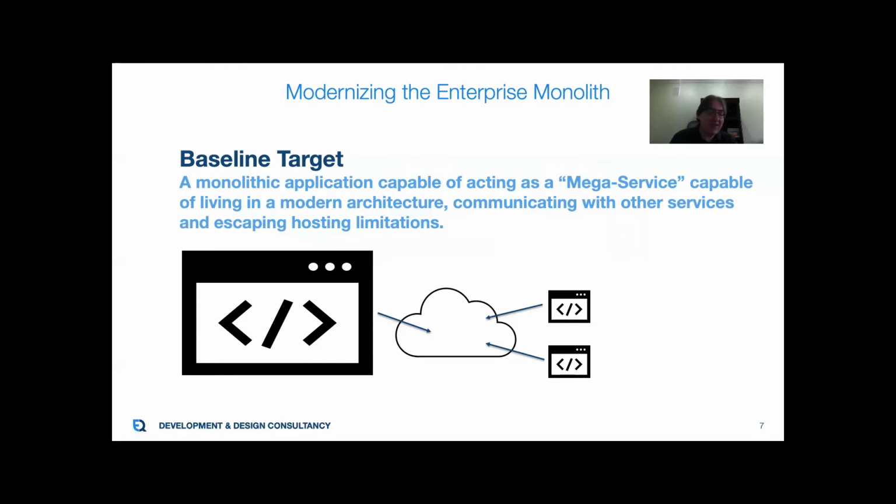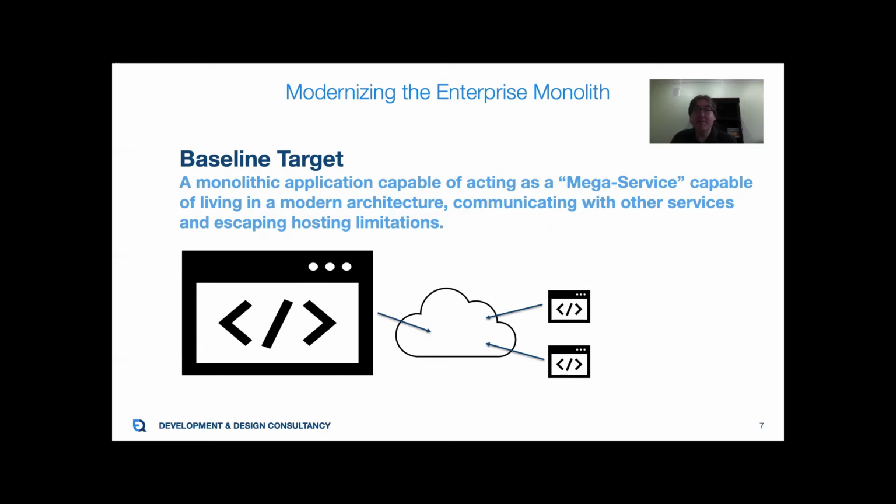But just as we said about how the microservice side of it is only one of the pieces of modernization we need to think about organizationally, we can say that there is a target where if we are going to stand by our monolith and look service-driven architectures in the eyes and say, this is modern, this is thought about, we want to be doing this, it should be able to think of itself as a mega service.